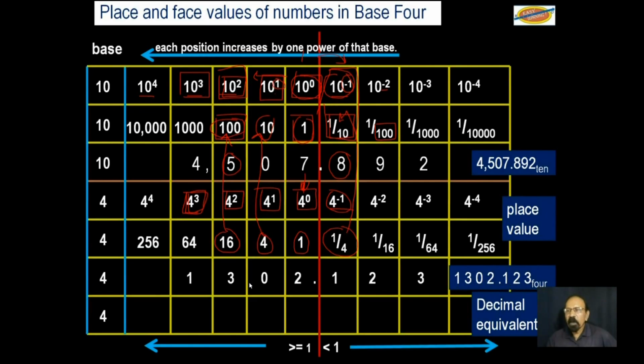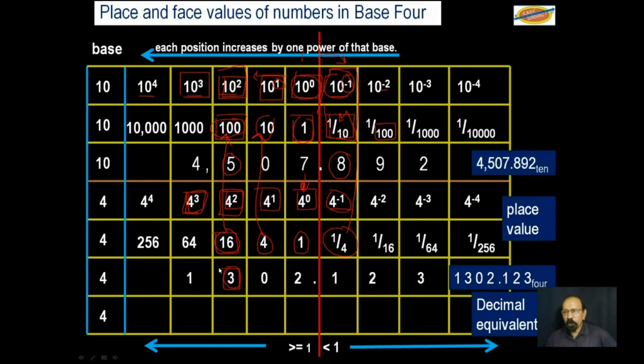So let's take a number in base 4, 1302.123. Pick any digit there. Pick this 3, for example. That 3 is in the 16th position, which is the same as 4 squared. That is its place value, and its face value is exactly what you see there, 3.